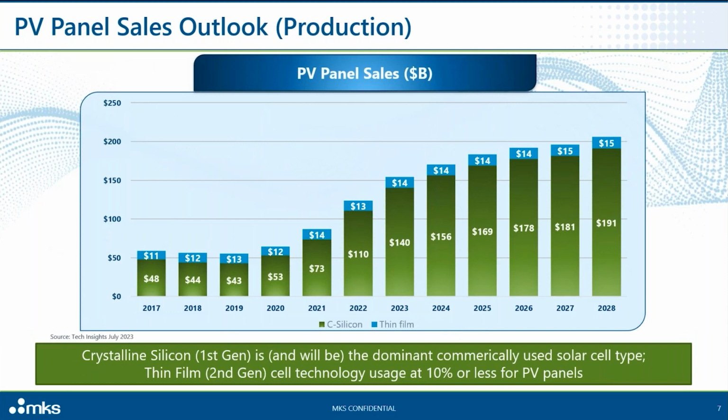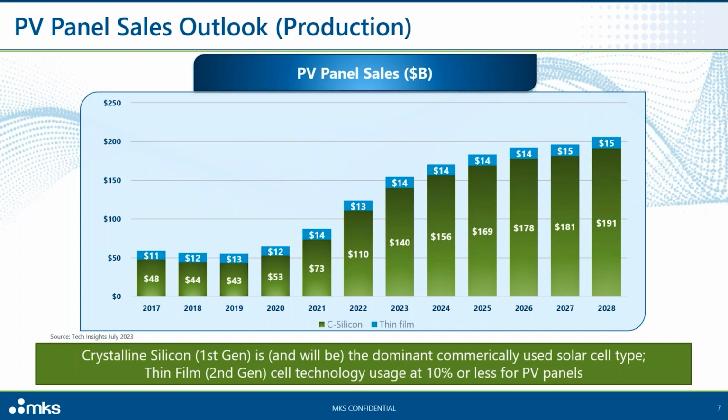But what does this look like in terms of implementation commercially in the most commonly used for the PV market, which is the PV panel sales? So here's a graph looking at some historical and future production of PV panel sales. From here, you can see in the green, this is the traditional silicon crystal cells making up a majority of that usage for PV panel usage, as well as thin film still having a significant share for this PV panel production.